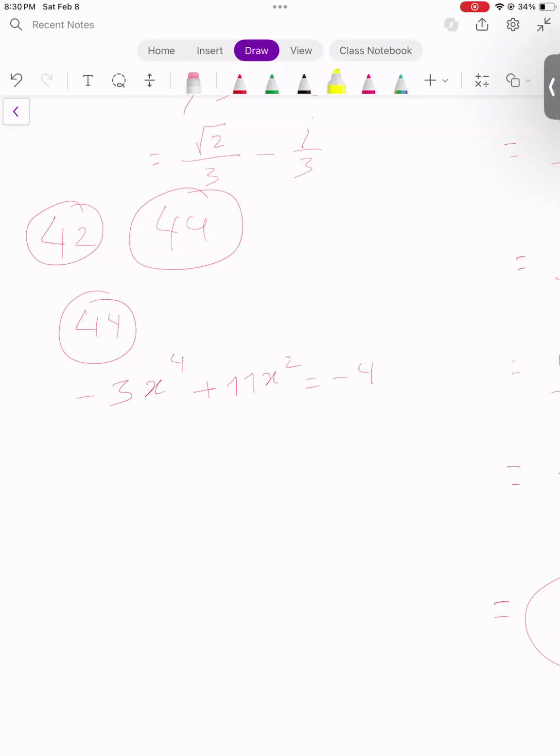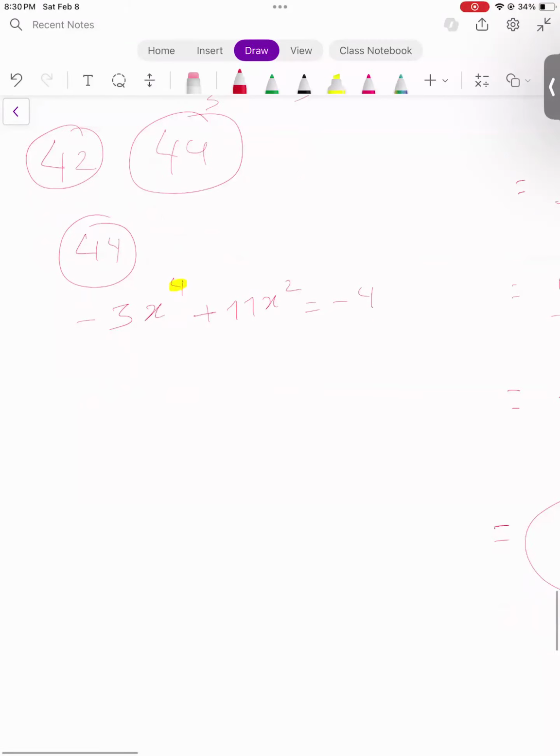Now this is a special type of equation with a degree 4, and there is a common method of solving it. So we rewrite this equation, let me make it 0 on the right side first. For that we add 4 on both sides. So this is negative 3x to the power 4 plus 11x squared plus 4 equals 0.